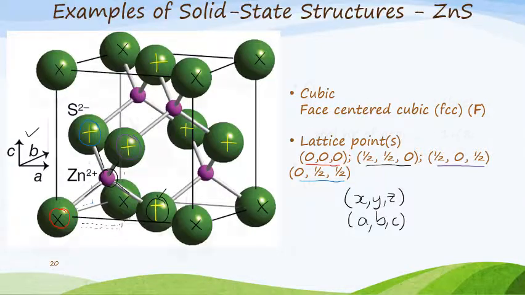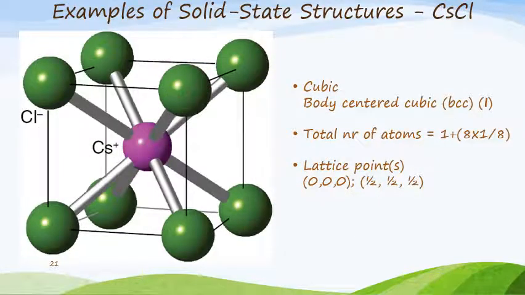All right, the second example I want to do with you is a body-centered cubic structure for cesium chloride. This one is much easier to see, okay, and we know that in this case the chloride ions now sit on the corners of the cube. So the green spheres are the chloride ions, which I'm indicating as X's so that you can see.